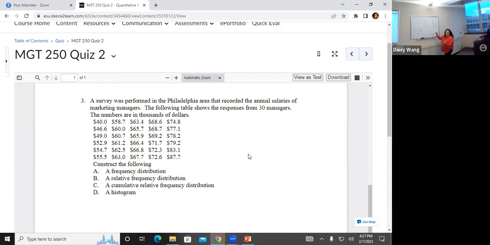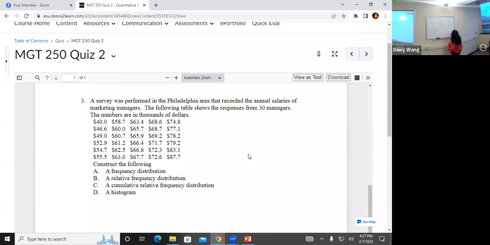Since this is continuous, we have to connect them. 40, 50, 60, 70, 80, and 90.